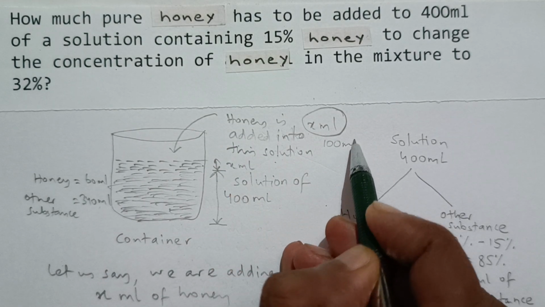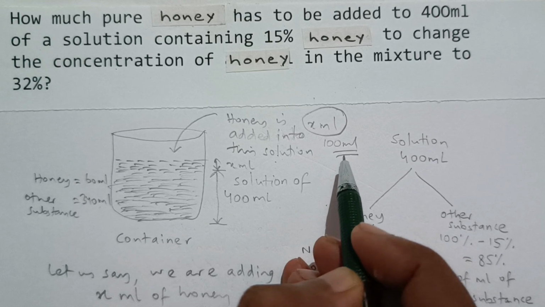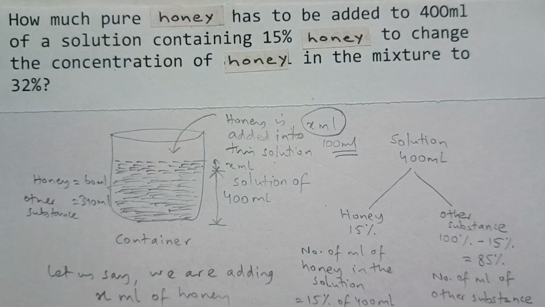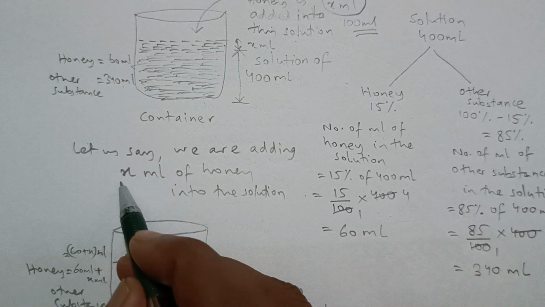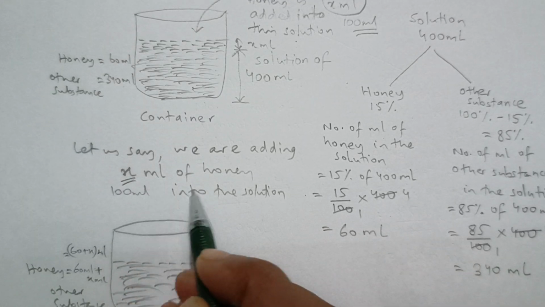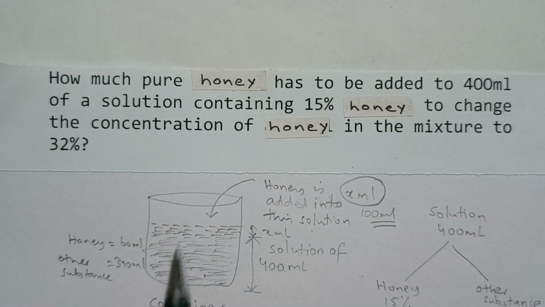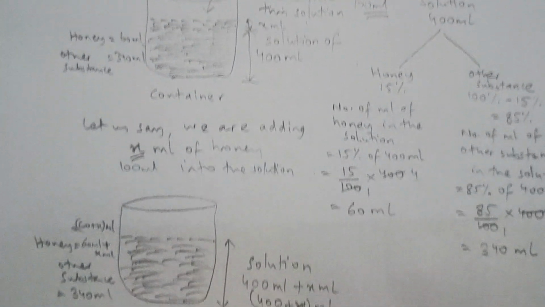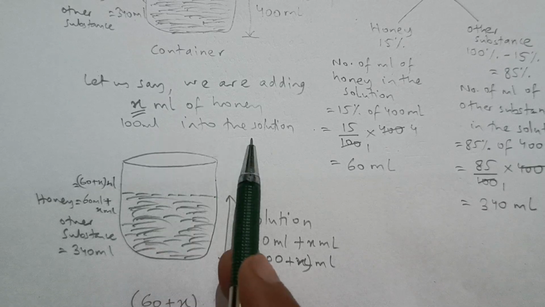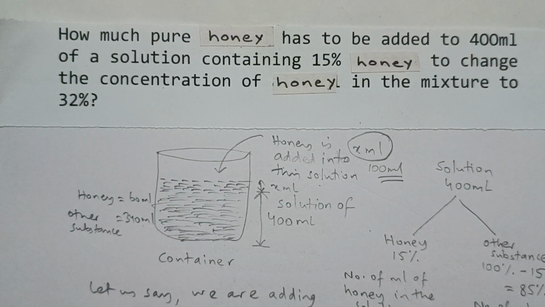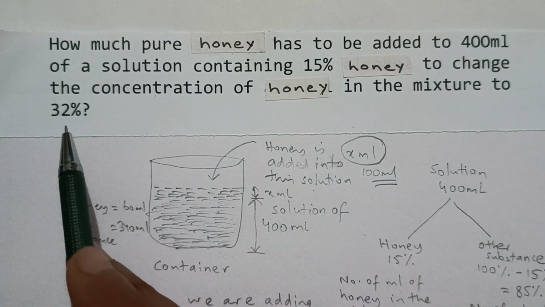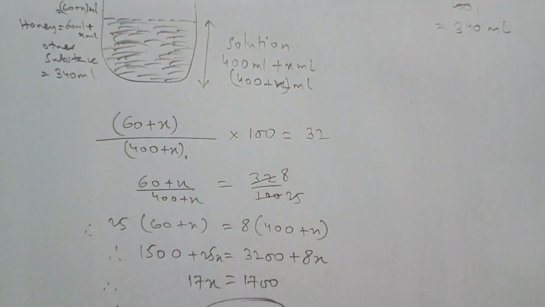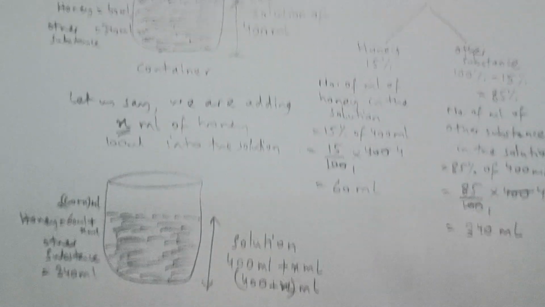How much pure honey has to be added? 100 milliliters. If we do that, then the honey content will become 32%. So this is how I have solved this particular word question.